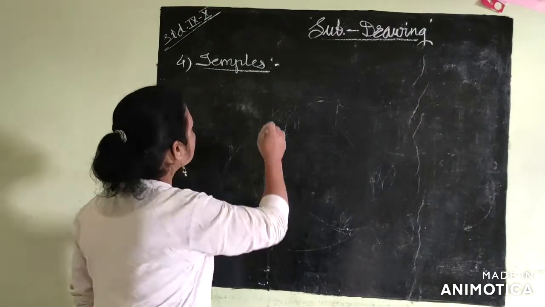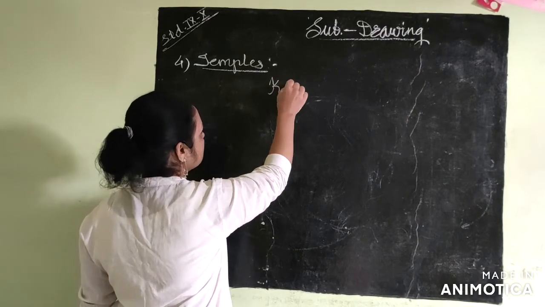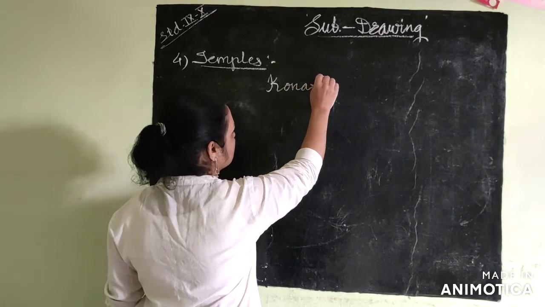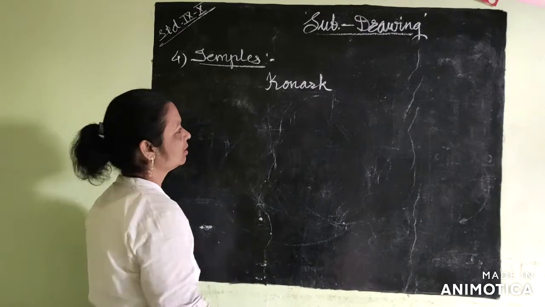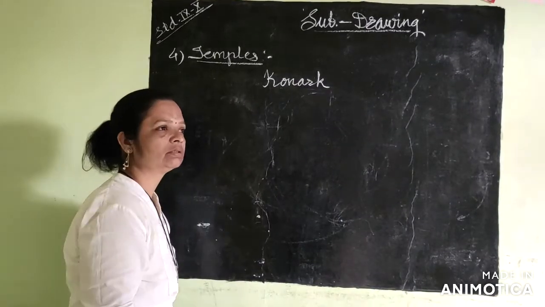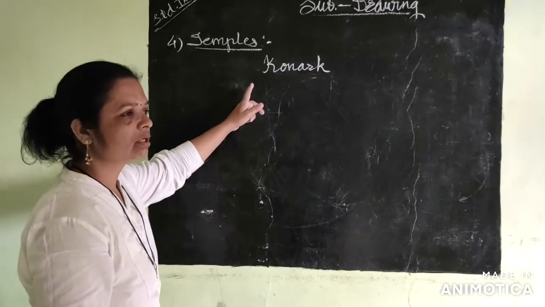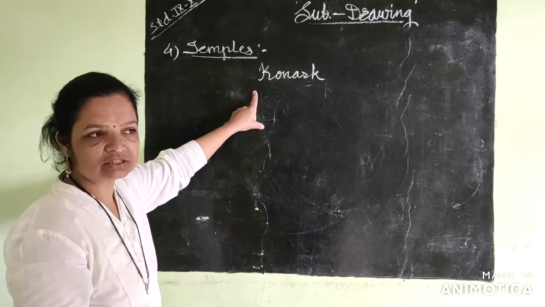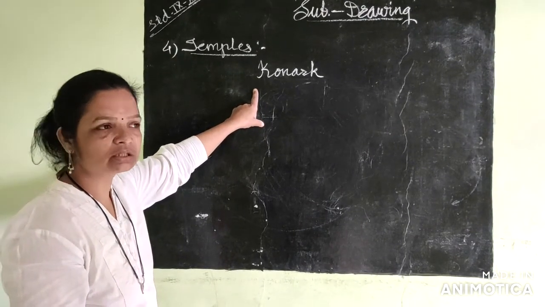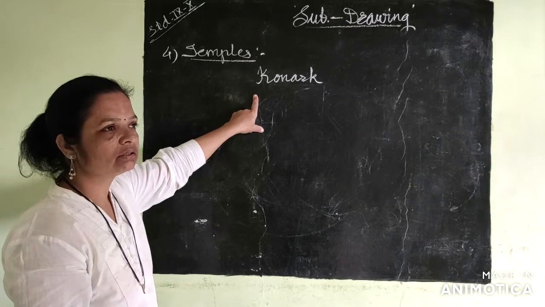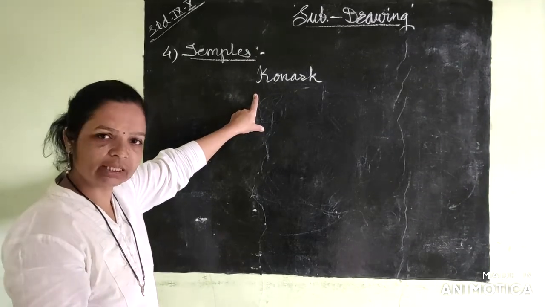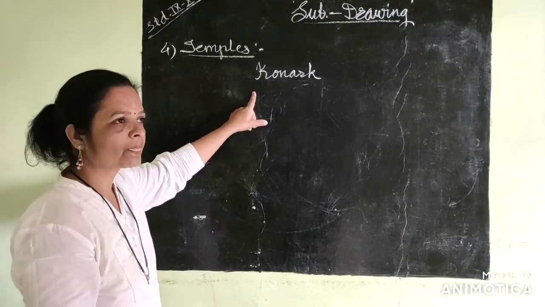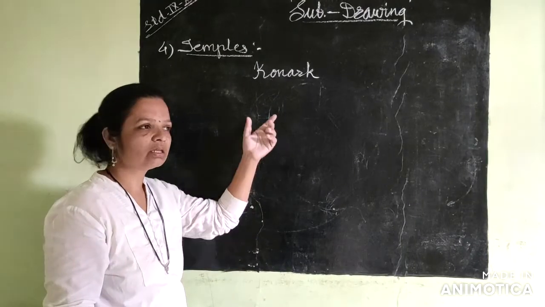So take one more temple, only one temple. For example, Konark Surya Mandir, Khajuraho temples, Pancharatha temples, Kandariya Mahadev Mandir, or Odisha temples.